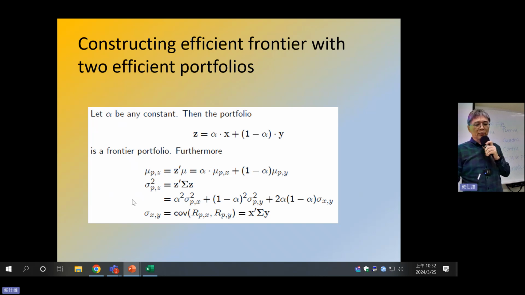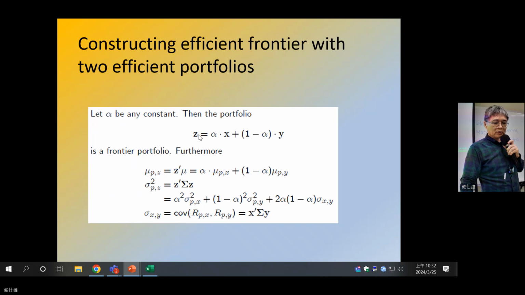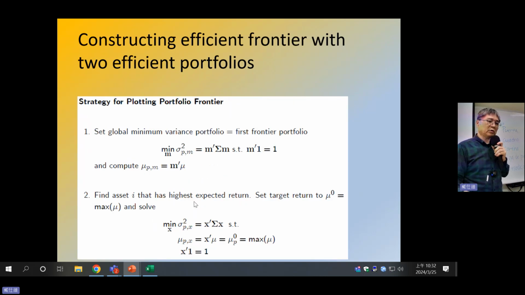We can find Z first, and based on Z, we can find sigma p squared, the variance of Z, and sigma xy. Based on this, we can generate our efficient frontier.